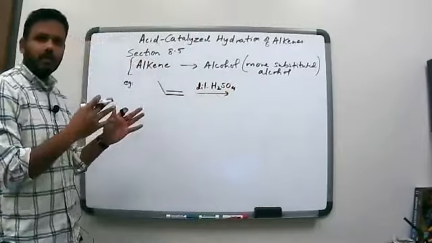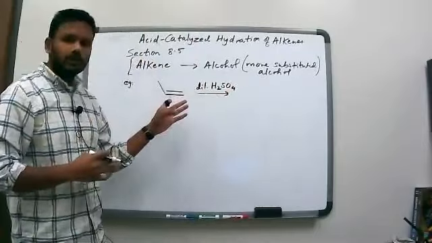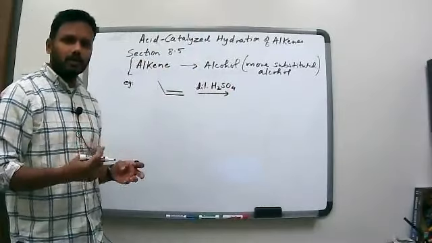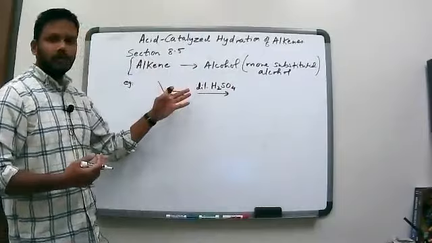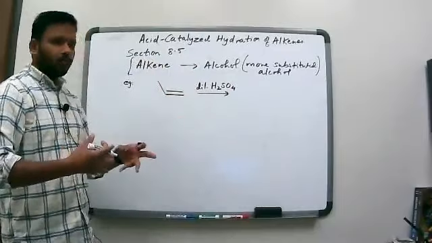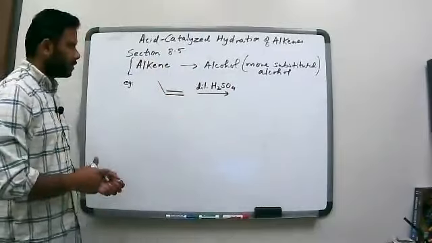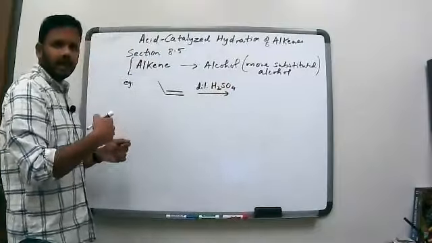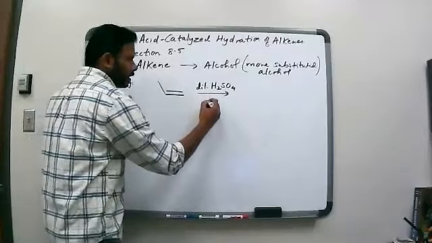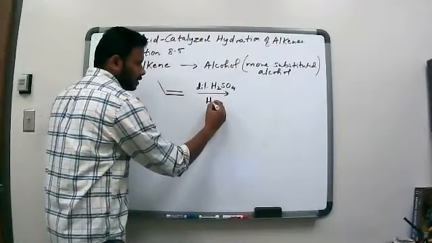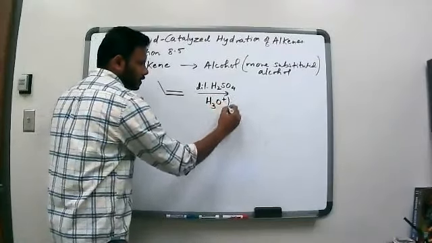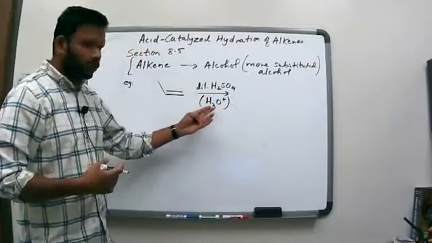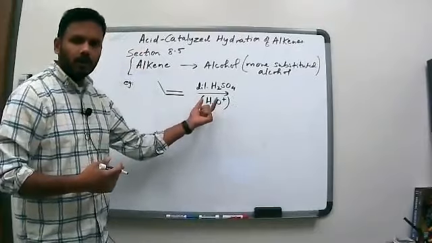When we did the dehydration, we used concentrated acid, which was a very strong acid with very little water in it. Now we're using dilute acid, so there's more water, and there is some acid in there. Dilute sulfuric acid. For all of these acid catalyzed reactions, a good way to visualize this is that what we have in our system is hydronium ion, which is basically a water molecule and a proton.